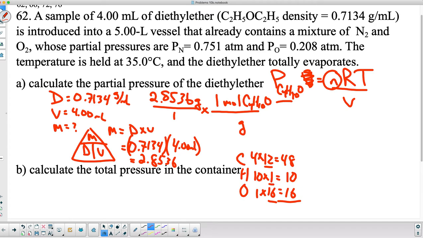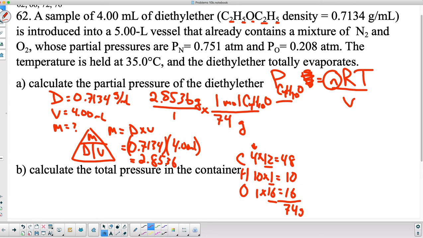And the numbers in front here are the subscripts. So these are subscripts there. So C4H10O1, because I add these up, 2 plus 2 gives me 4, 5 plus 5 gives me 10, and of course there's a 1 there. So all I do is add these up to get 74 grams per mole, like that.